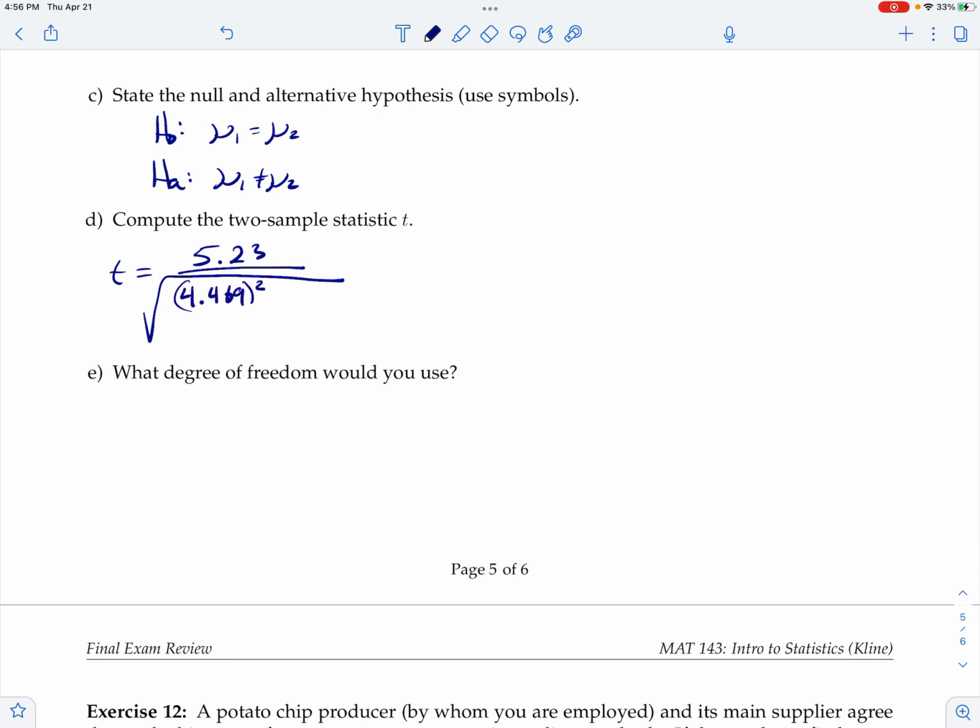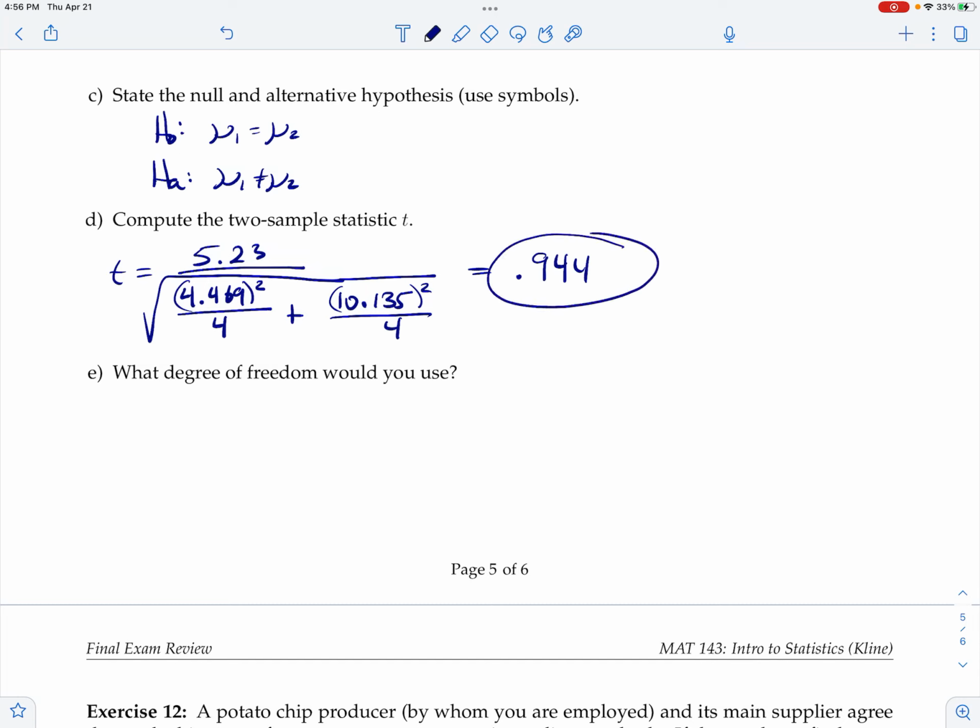You actually square that. Each of the sample sizes here are 4. So over 4 plus the other standard deviation was 10.135. You square that, and then you divide by 4 again. Crank everything out, and you're going to get 0.944, and that's what you're asked for this T statistic.